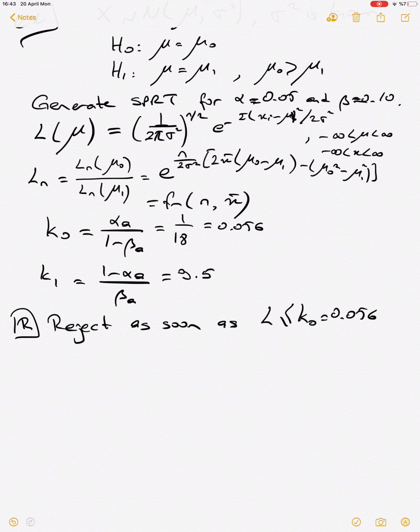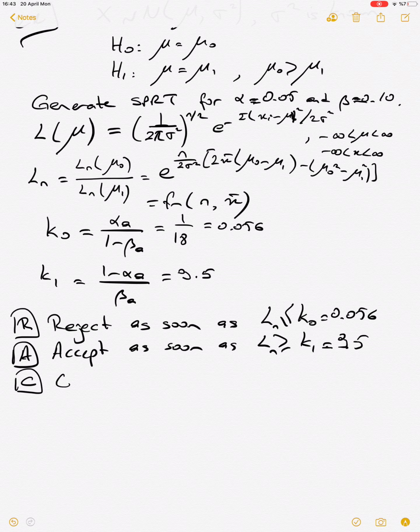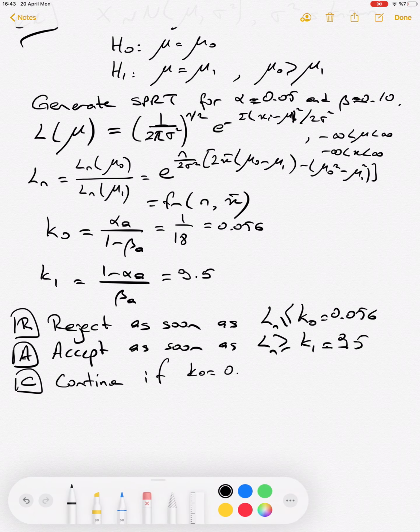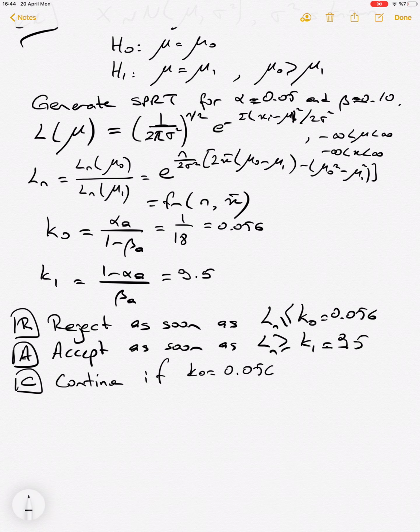And accept as soon as L sub n is greater than or equal to K1, which is 9.5, and continue if our simple likelihood ratio L sub n is between 0.056 and 9.5.